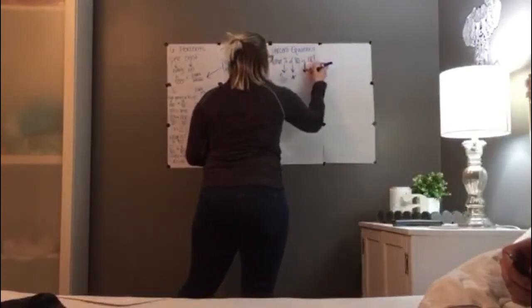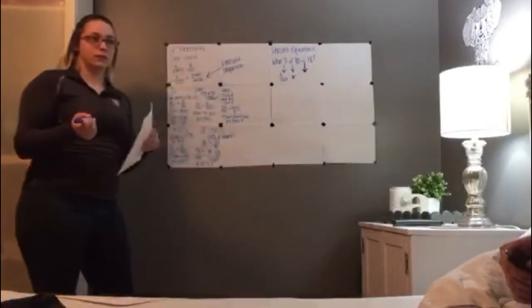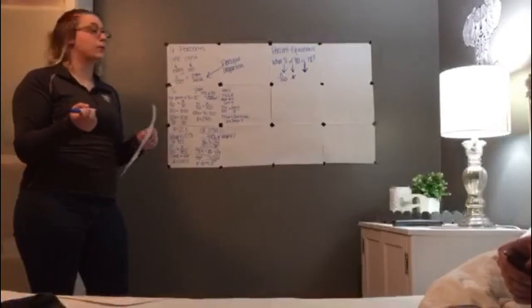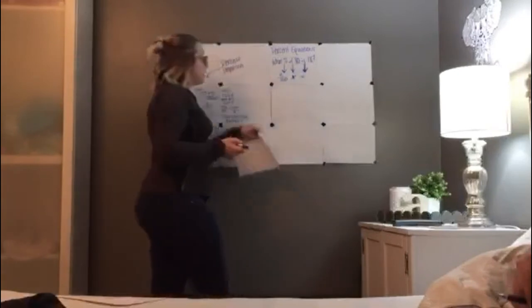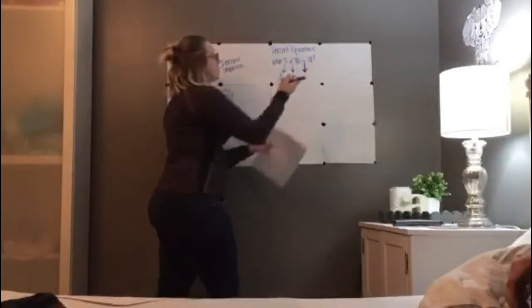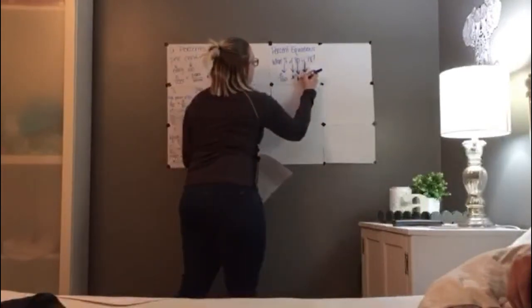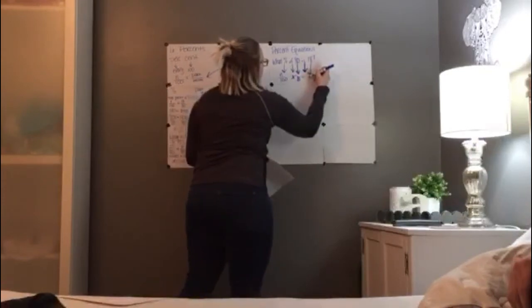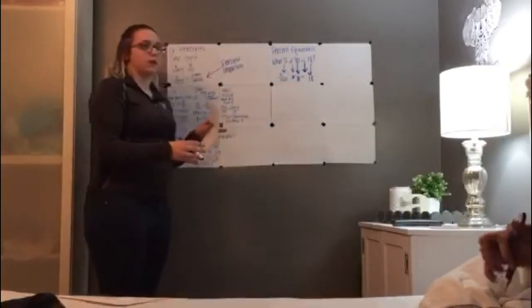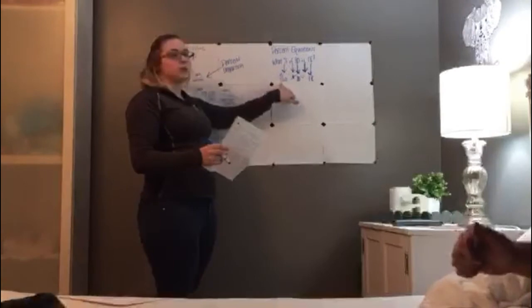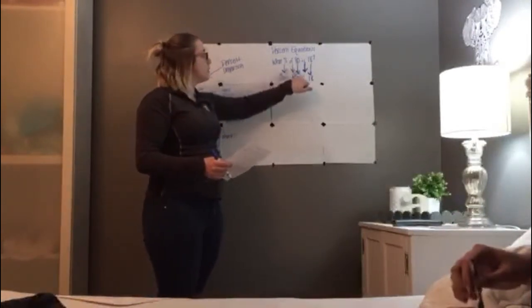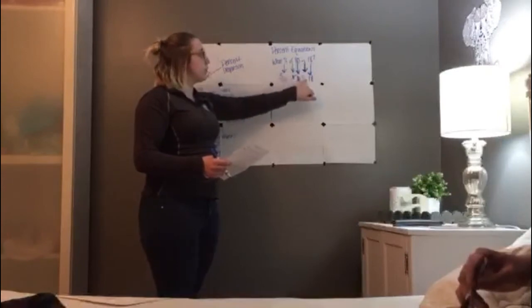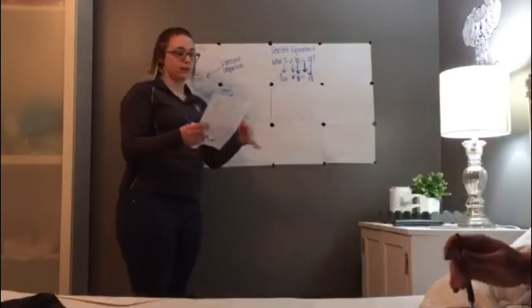And then does anybody know what the word is means? Equal. Yep. And then you just bring down your variables. So here's where you get your equation from. N over 100, or your percent, times 80, or of 80, is equal to 18.